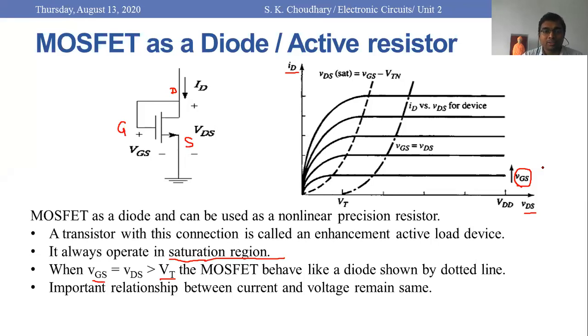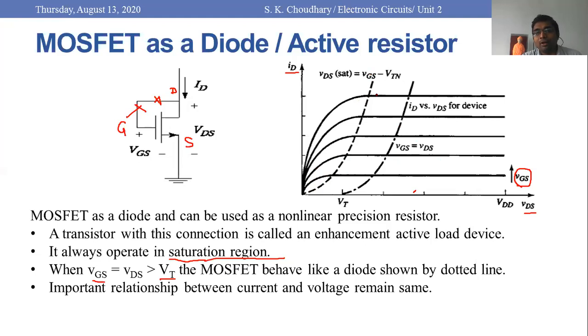In a generalized MOSFET, when you have not connected the gate with the drain, the characteristics are like that: as you increase VGS, your ID increases. There are three regions of operation. One is cutoff, then there is the non-saturation region, then this flat structure is the saturation region, and this is the transition curve.